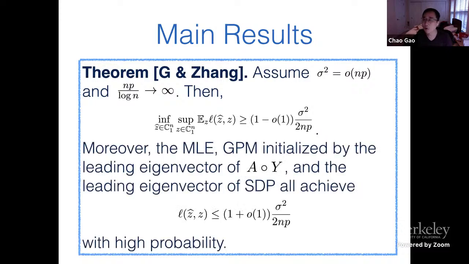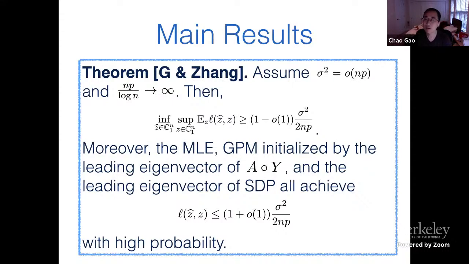Moreover, we show that all three algorithms are exactly optimal, not just in the rate, but also in the leading constant. So the MLE, the GPM initialized by the eigenvector of the data matrix, and the SDP solution with an extra post-processing step of extracting the eigenvector will all achieve the minimax optimality.